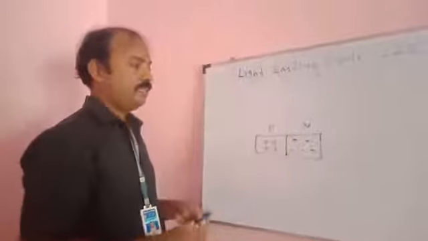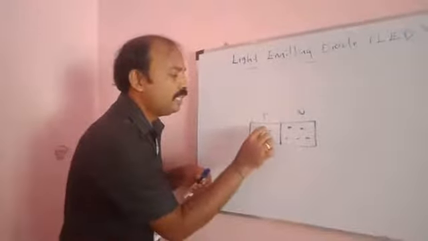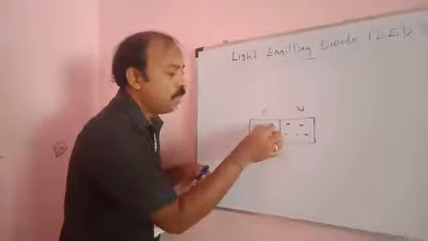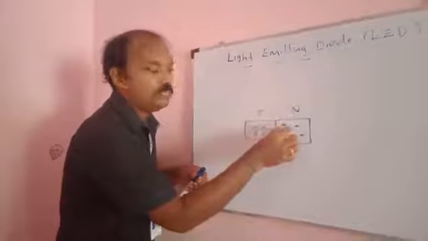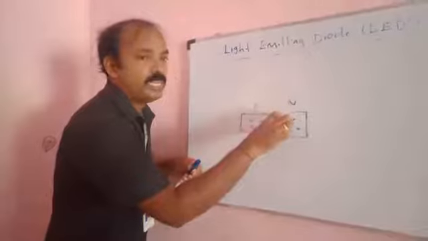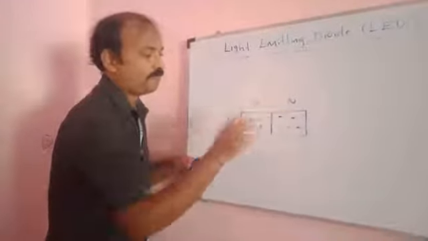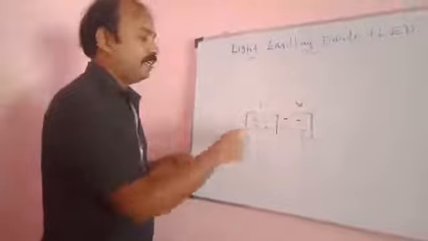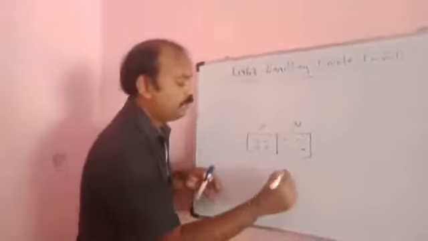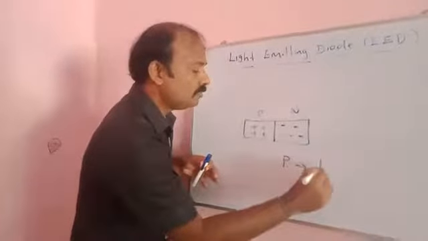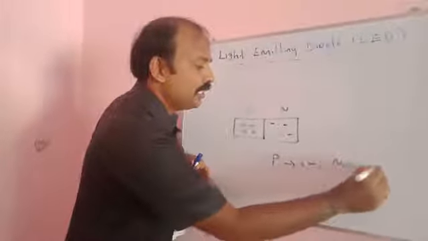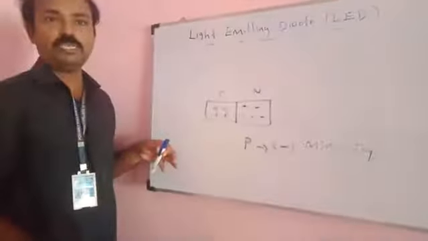Further it is explained: when the majority charge carrier, the positive hole, enters the N-type semiconductor, the level of minority charge carriers increases. After the formation of the P-N junction diode, in the P-type semiconductor the electron is the minority charge carrier.